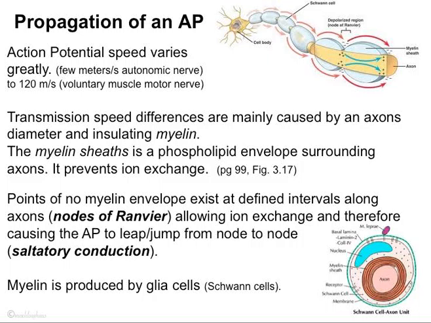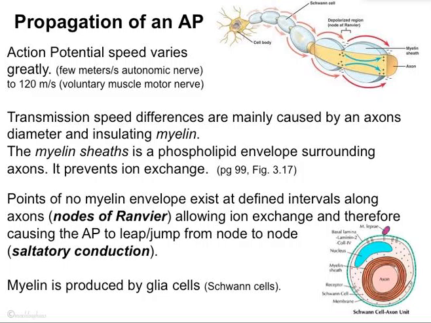Those are known as nodes of Ranvier. The action potential cannot happen along the envelope, but only at the nodes of Ranvier, so it jumps from node to node to node, and that enhances the speed greatly. It doesn't have to trickle down, a little at a time. That's known as saltatory conduction.